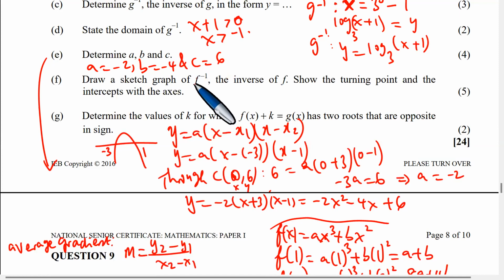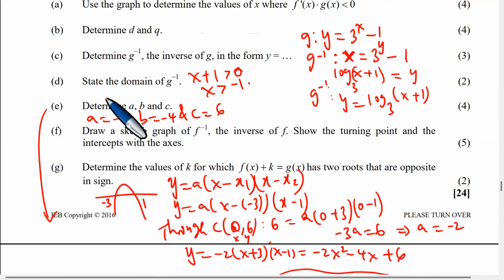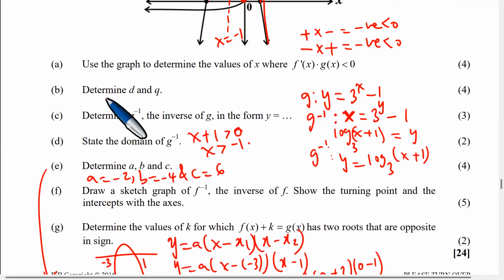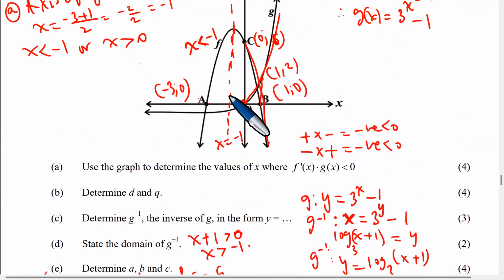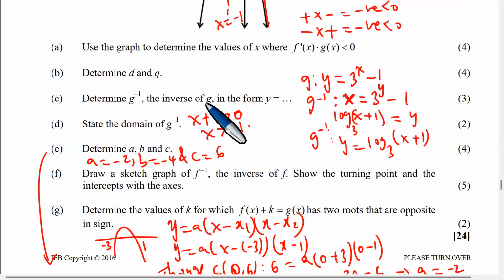Draw a sketch graph of the inverse of f, show the turning points, and the intercepts with the axis. Let's draw a sketch graph of the inverse of f. This is f. What is the inverse of f? Let's analyze this one.